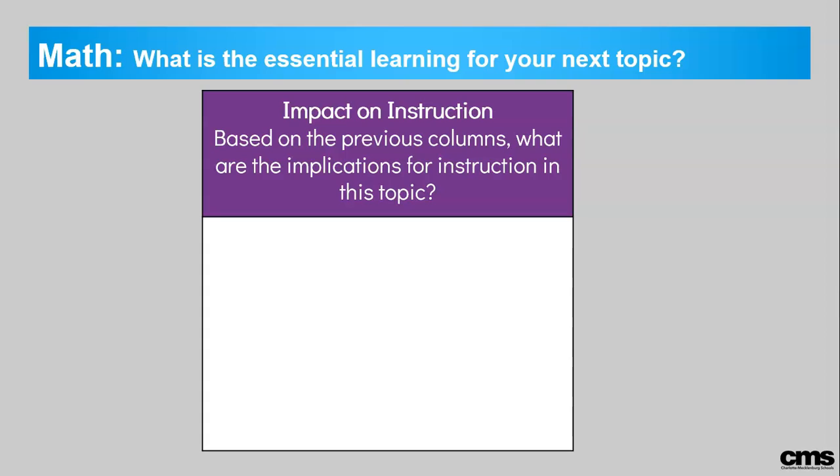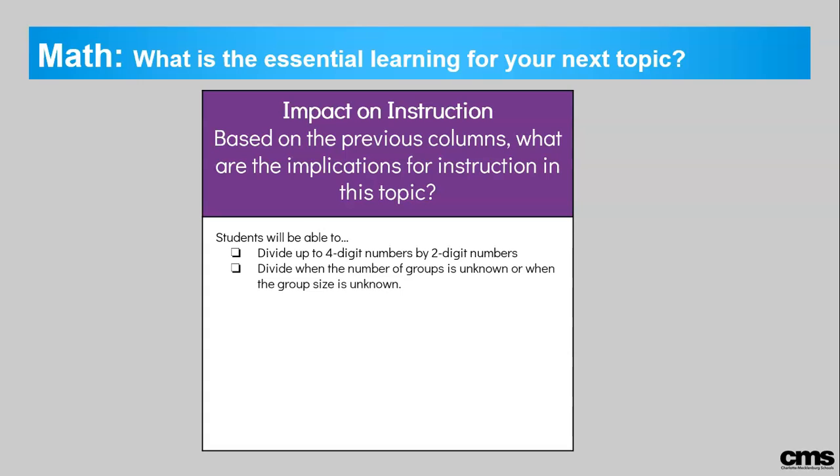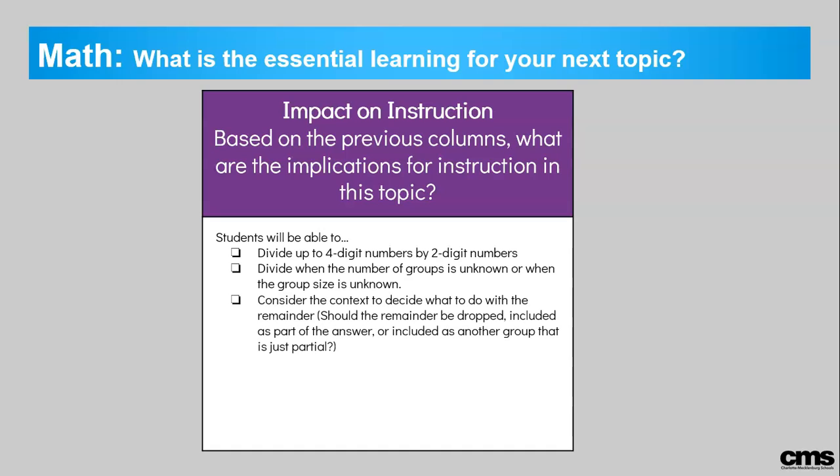Next, let's look at impact on instruction. What are the implications for instruction in this topic? The curriculum guide outlines what students need to know and what our students need to be able to do in Step 3. Some thoughts I have are students will be able to divide up to 4-digit numbers by 2-digit numbers, divide when the number of groups is unknown or when the group size is unknown, and consider the context to decide what to do with the remainder.